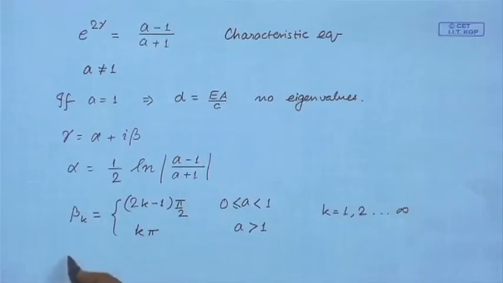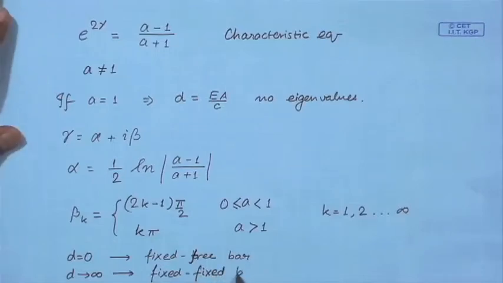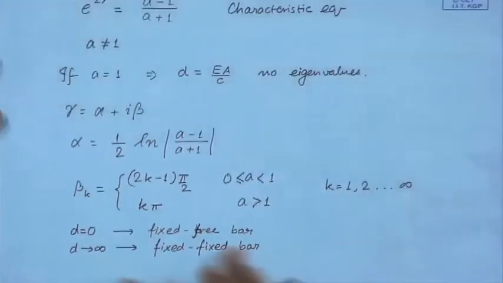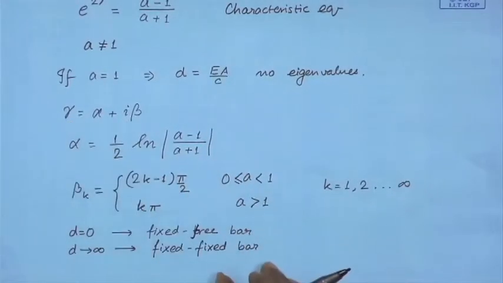You can check, if you put d as 0, then you can get the eigenvalues of a fixed free bar, and if you put d as infinity, then it is a fixed bar, and that can be checked from these solutions of gamma that we have obtained.